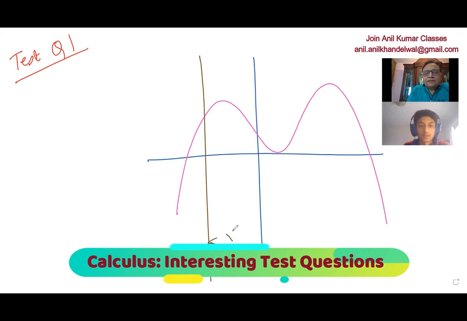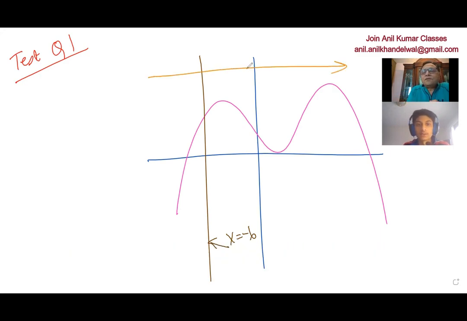Exactly. We have to find tangents that are perpendicular to that line, tangent to the curve, right? Yes, tangent to the curve. So that could be a tangent. All the turning points, do you see? Yes, sir. Could be the tangent.